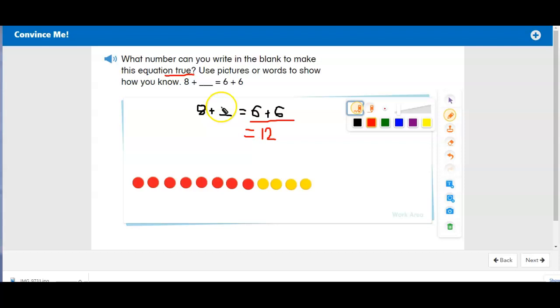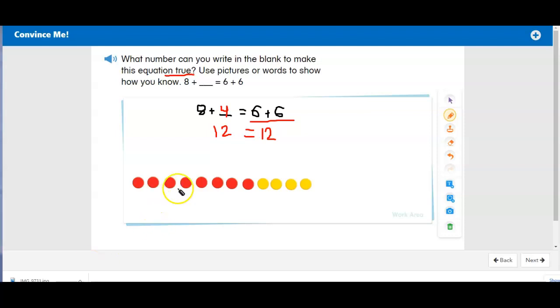So that means that 8 plus 4 is equal to 12. So now this equation would be true because both sides are equal. They give us the same answers on each side of the equal sign.